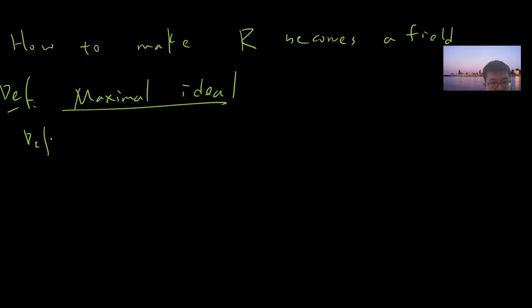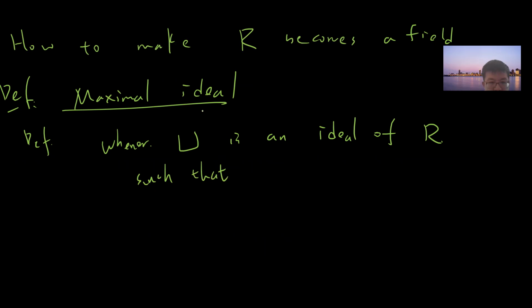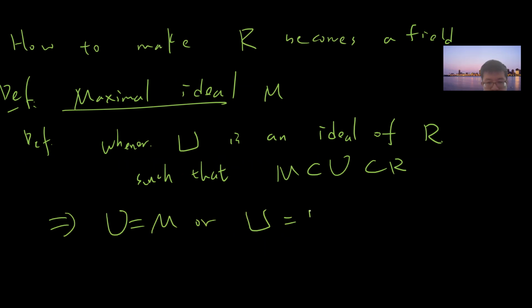So the definition of a maximal ideal M is that whenever U is an ideal of R such that M is contained in U, which is contained in R, that is, U is an ideal greater than M but less than R, then U must be M or U is R. So that means there's no non-trivial intermediate ideal between the maximal ideal and the whole ring.